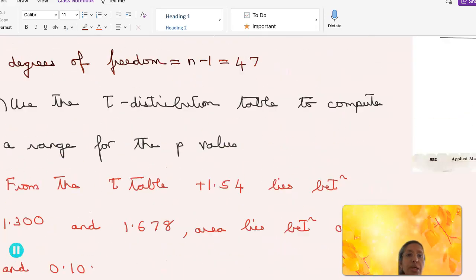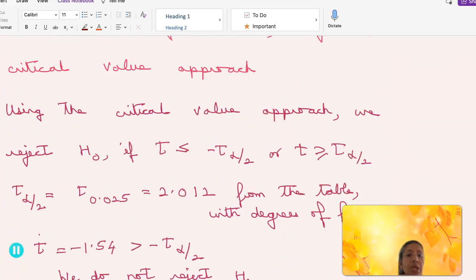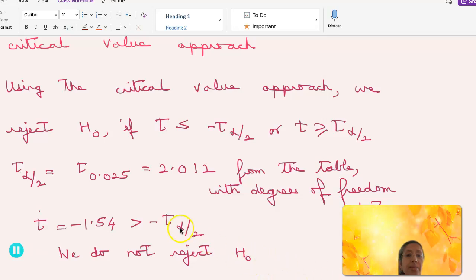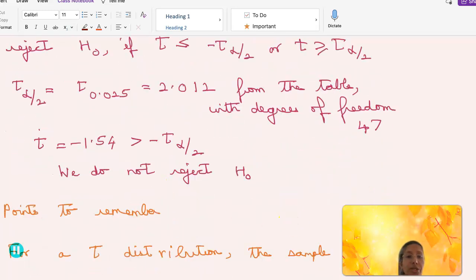You can see here it's minus 1.54, which is greater than minus t alpha by 2, that is minus 2.012. So we do not reject H0 because your t has to be less than or equal to minus t alpha by 2. It is not less than or equal to minus t alpha by 2. It is greater, minus 1.54 is greater than minus 2.012. So we do not reject H0.